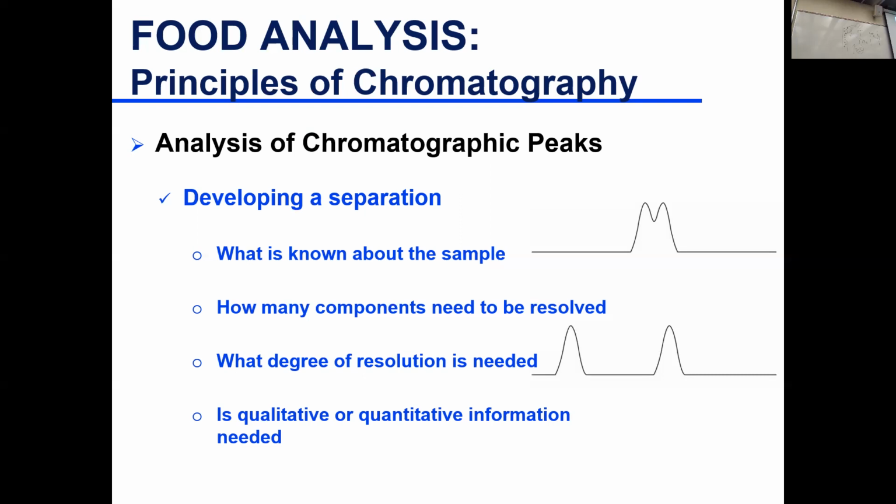And then what degree of resolution do I need? Do I need them to be very well separated so that I can get the area of each and be able to quantitate? Or I don't care, I just want to determine identity. Are they there or are they not? And what are they? If I'm not quantitating, a separation like this is really hard to get an area under the curve from.